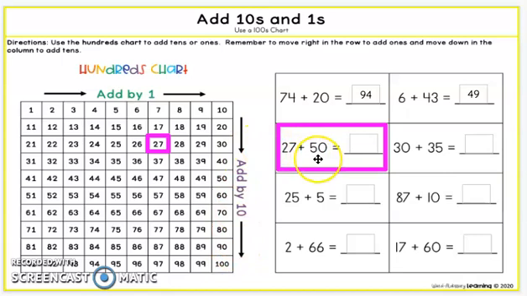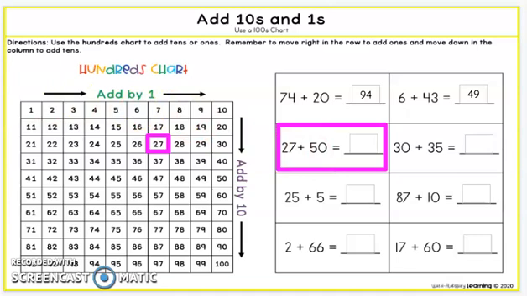What am I adding by? That's right. I'm going to make jumps down the column because I'm adding by 10. All right. How many tens am I adding? I'm adding the number 50. How many tens are in 50? Yes, there are 5 tens.